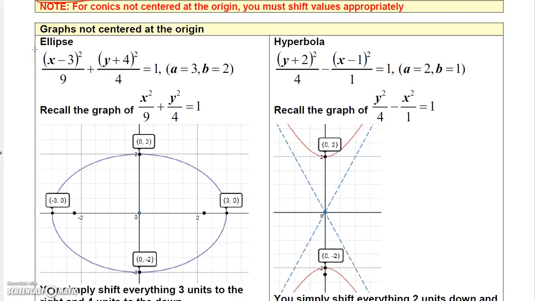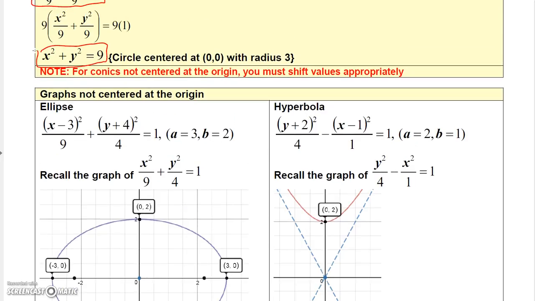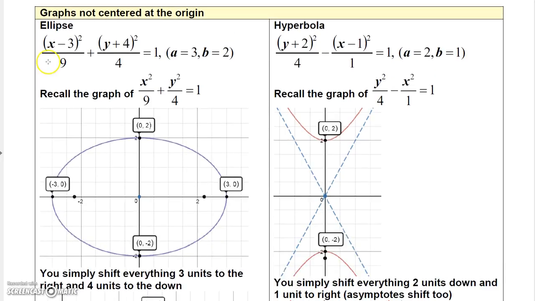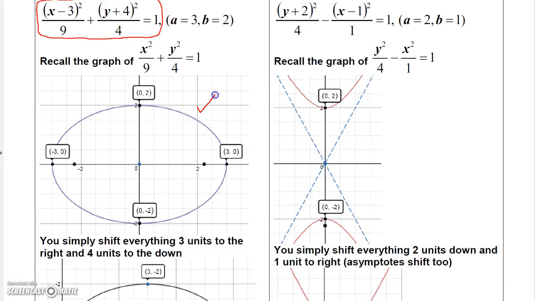Now, since I've already talked about this, I won't spend a lot of time on it, but basically we would simply take the ellipse we had earlier. I think we had the ellipse x squared over 9 plus y squared over 4, and basically we would shift this 3 to the right and 4 units down.